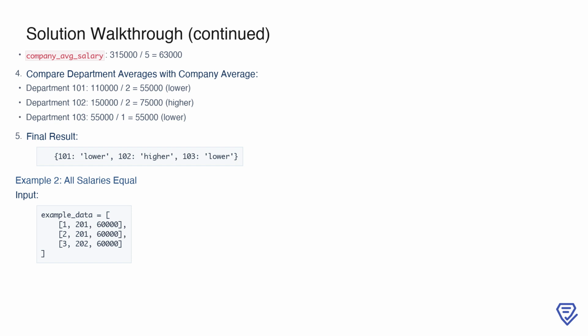Finally, Department 103 has an average salary of 55,000 for its single employee, which is again lower than the company average. Based on these comparisons, we determine that Department 101 is lower, Department 102 is higher, and Department 103 is lower. The result is encapsulated in the output dictionary: 101, lower; 102, higher; 103, lower.